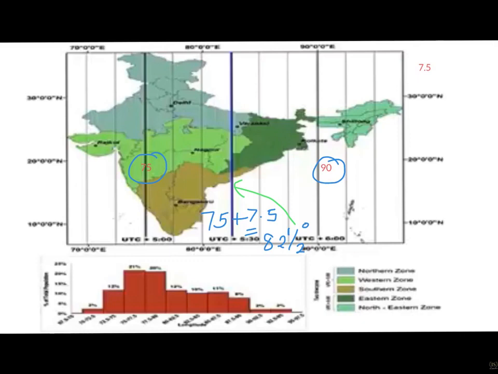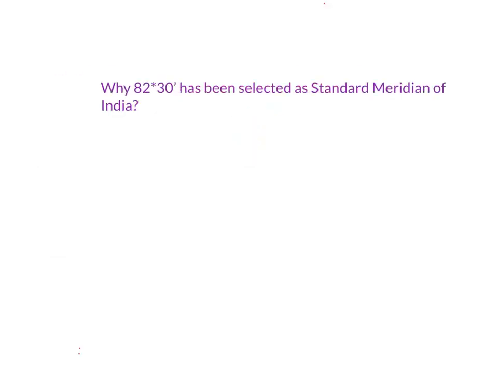It was found that 82 degrees and a half is more feasible and convenient for the entire India and was decided to be recognized as IST. So we have seen why 82 degrees 30 minutes has been selected as the standard meridian of India.